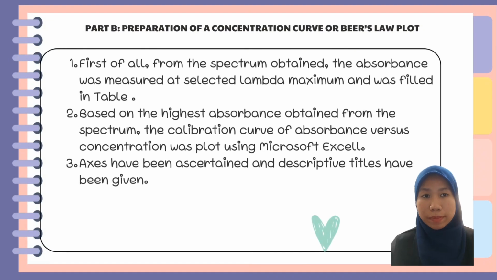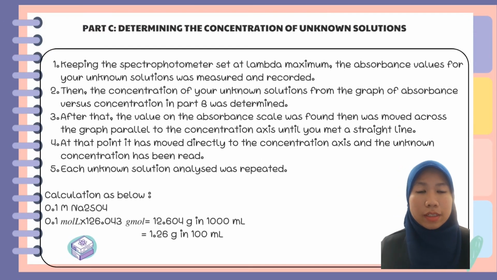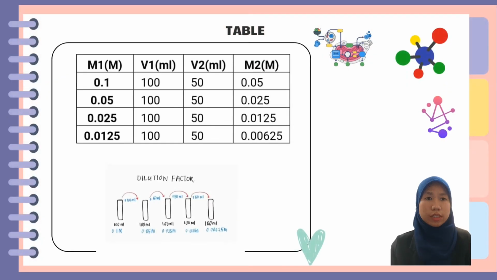Next, part B is preparation of a concentration curve or Beer's law plot. And then the last part is determining the concentration of the unknown solution. So this is our table and our dilution factor diagram.